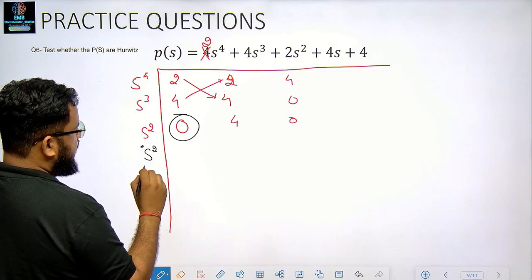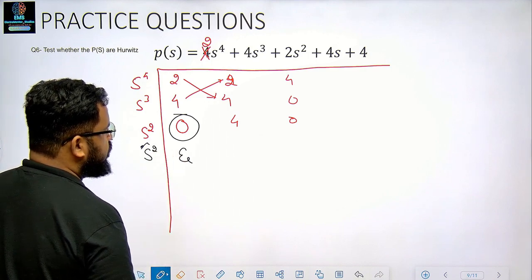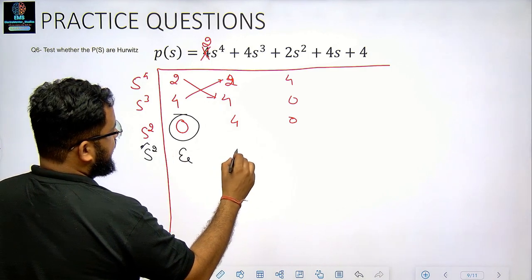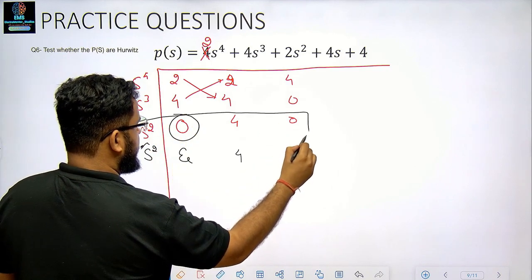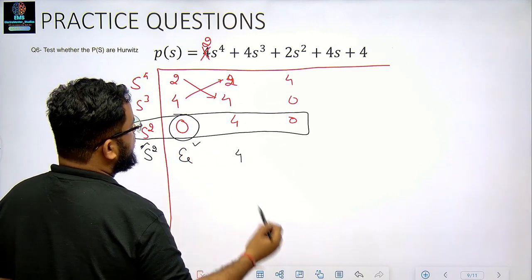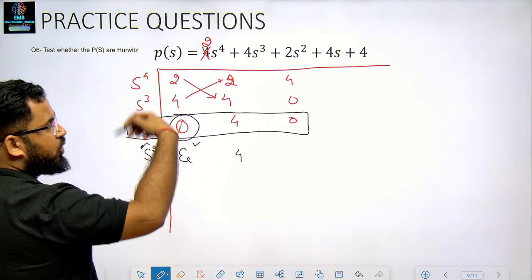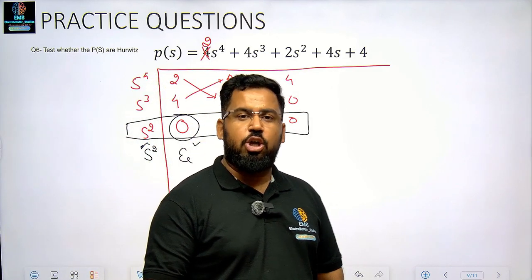Let's put it as S2 cap, and I'll place a new variable called zeta, and I'll use this S2 for calculation, and we'll see what can be the possible value of zeta, so that we can judge whether this polynomial is a Hurwitz polynomial or not.